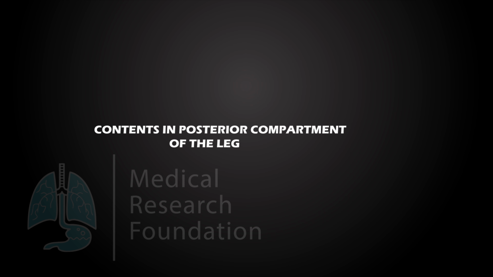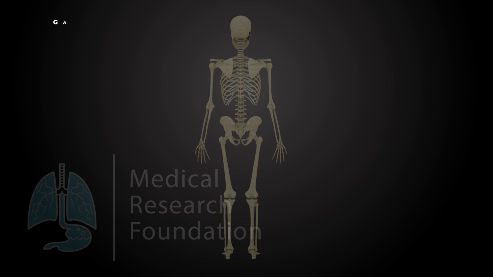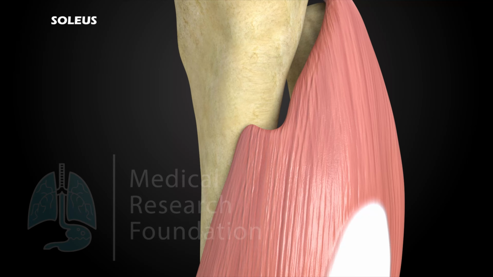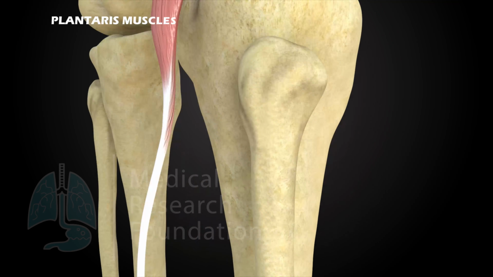Contents in posterior compartment of the leg. Superficial group muscles are Gastrocnemius, Soleus, Plantaris muscles.